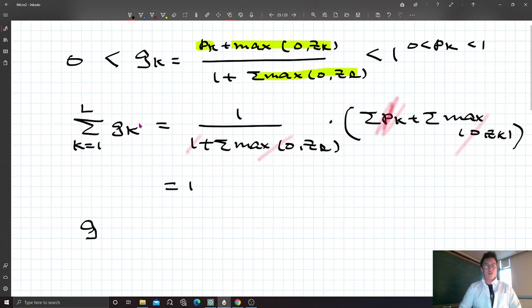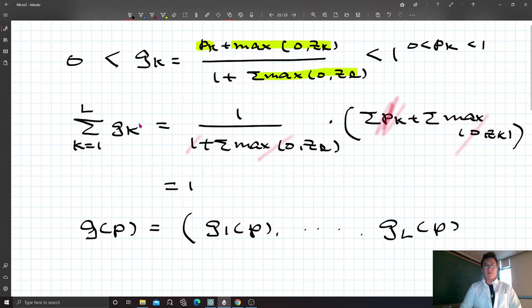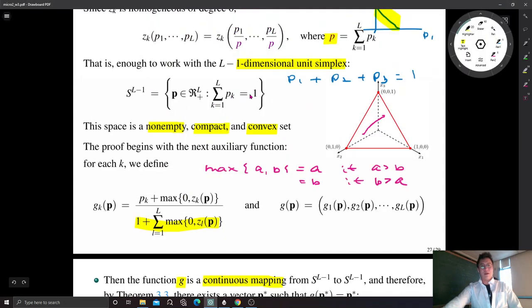So function g of p, that is an L-tuple vector. Yeah? Every element, every function, is between 0 and 1, and the summation of all these functions from 1 all the way to L is also equal to 1. So the codomain is also the unit simplex, just like p. Every p sub k is a number between 0 and 1 after normalization, and the summation of p sub k is equal to 1.